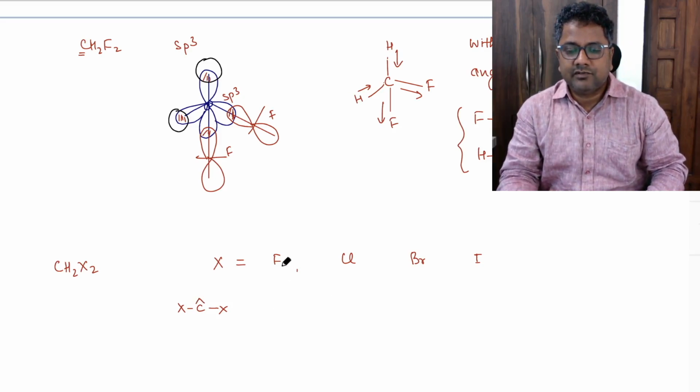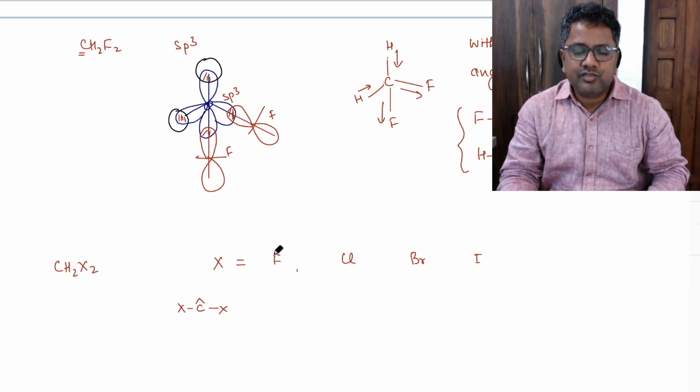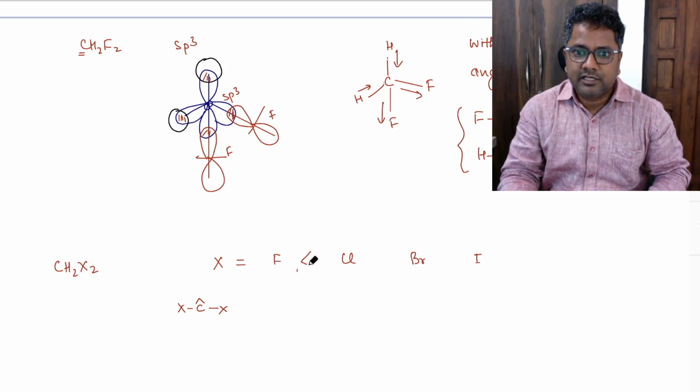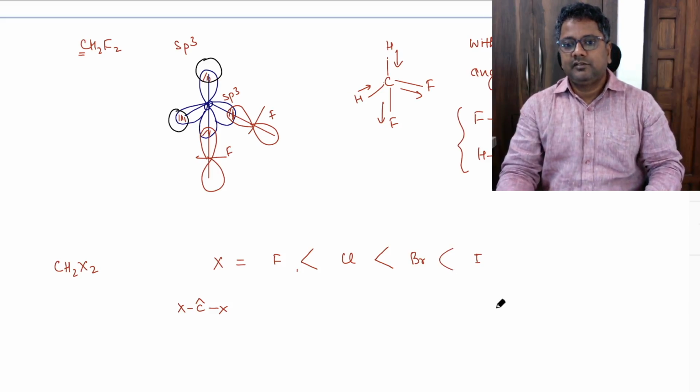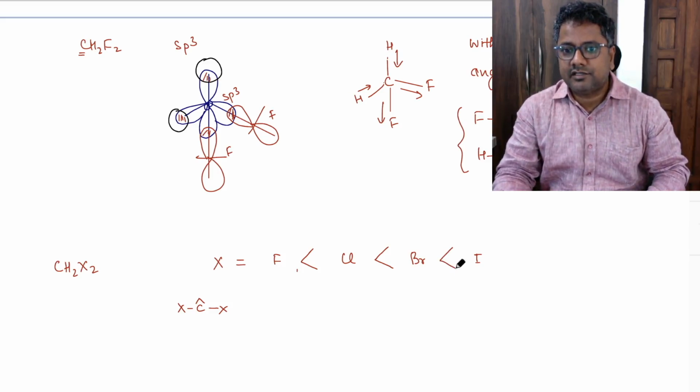So if X is equal to F, if X is equal to Cl, F is the most electronegative. So here the bond angle is smallest, then Cl, then Br, then I. So you can arrange this in this manner.